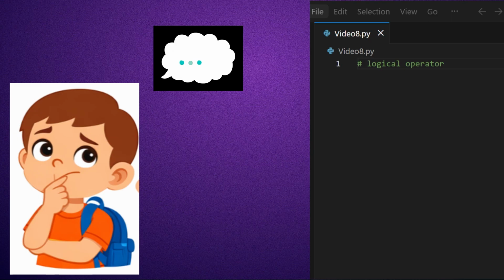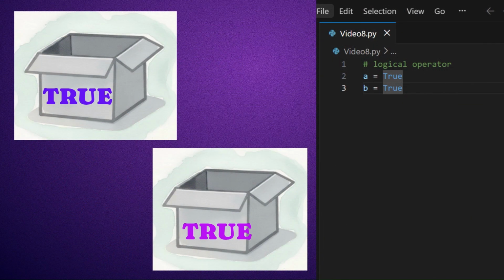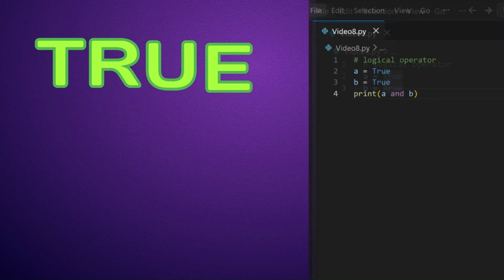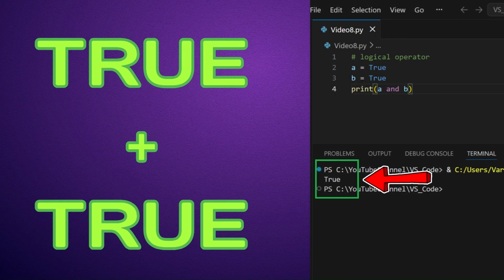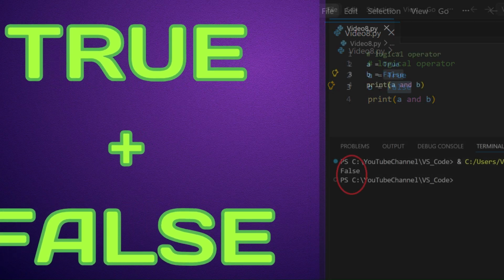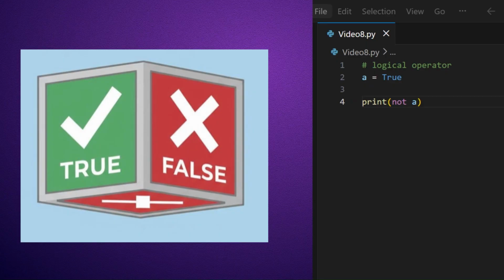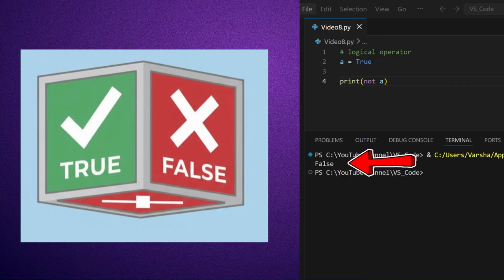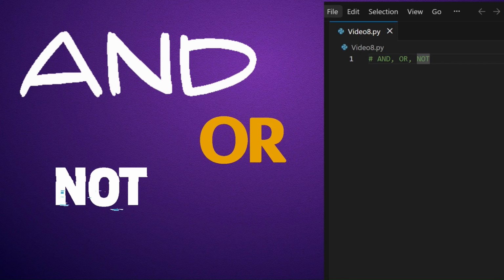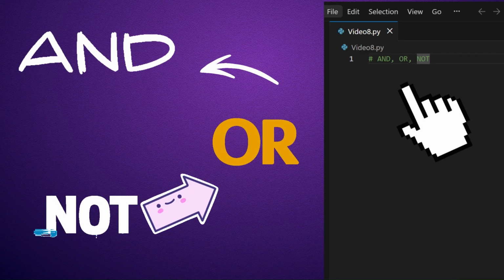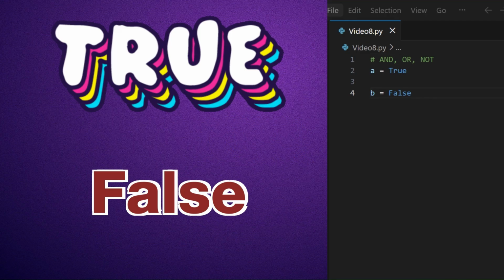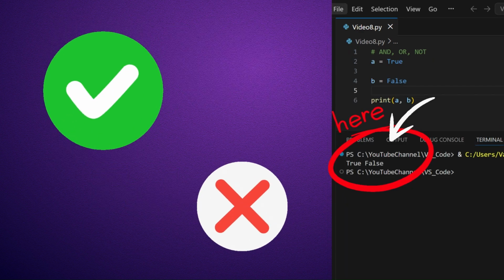Alex now wants to combine decisions. What if two conditions are true? What if only one is true? What if something is not true? Python uses logical operators to handle this. Logical operators work with true and false values.